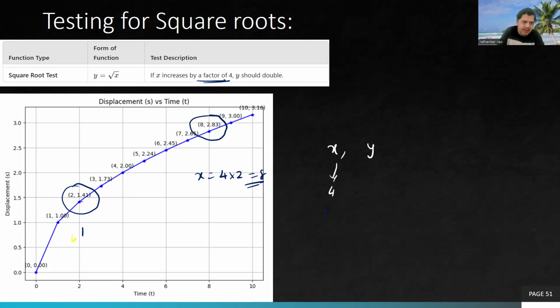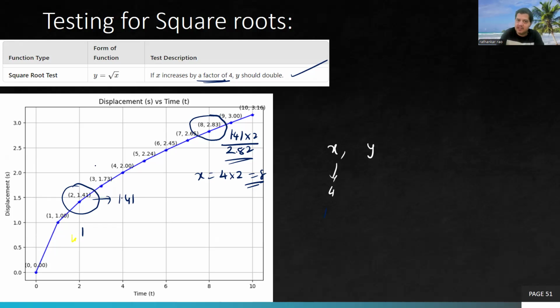The y value for this one is 1.41. When you take up this point, it should be twice of this, so the answer should be 1.41 multiplied by 2, which is 2.82. Incidentally, it is 2.83. So you see, this value is doubled, and this is the right test for it. Take up 2 points on the graph and see whether this condition holds. If it does, it is a square root function.